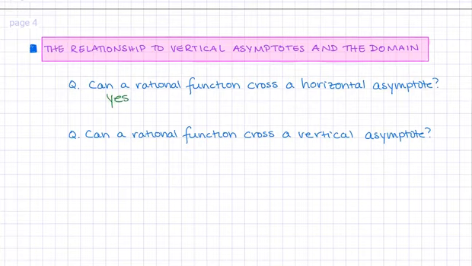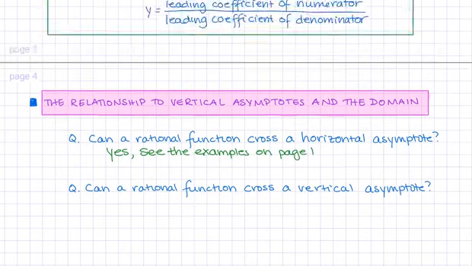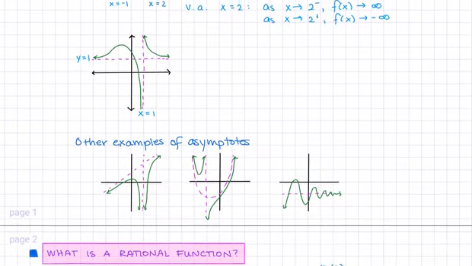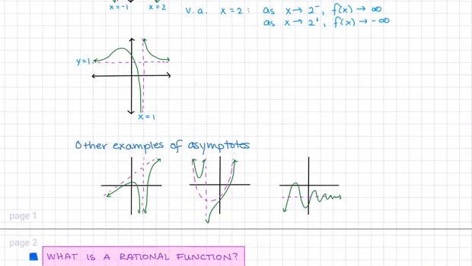See the examples on page 1. Let's go to page 1 really quick. Right here. Remember, we can cross the horizontal asymptote. Because remember, the key is not what's happening in the middle.